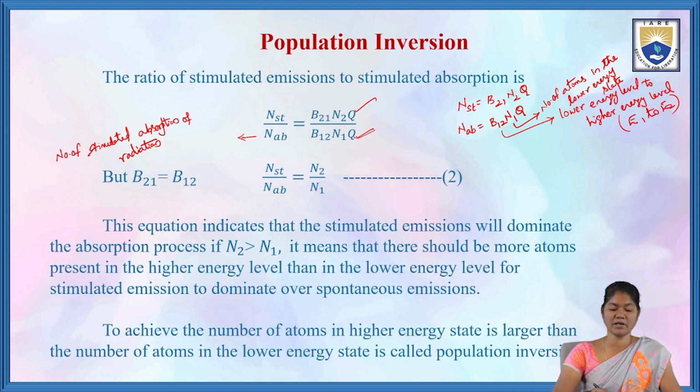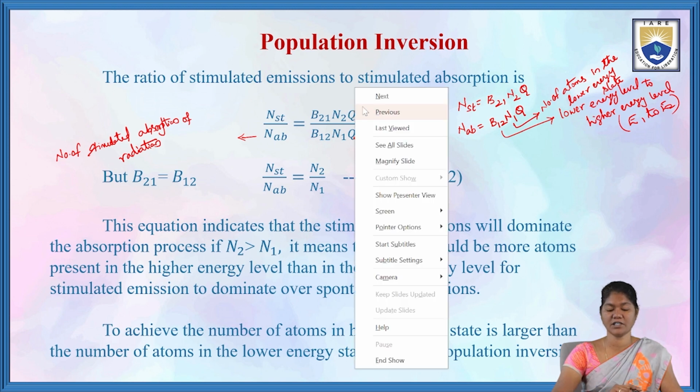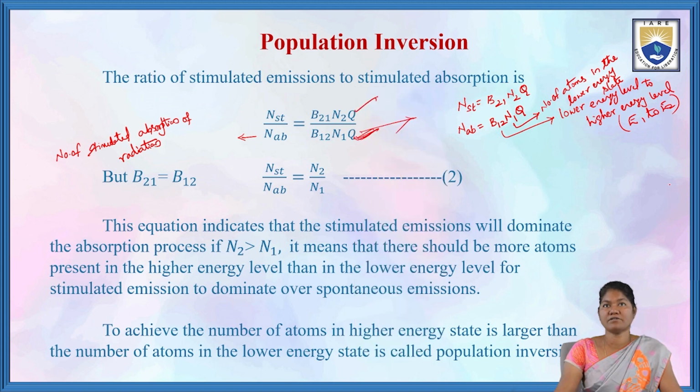After being stimulated by the incident photon, the atom transits from the lower to the higher energy state in stimulated absorption. By absorbing some incident radiation, the atom gets stimulated within its lifetime and transits from the higher to the lower energy state, and stimulated emission of radiation takes place.